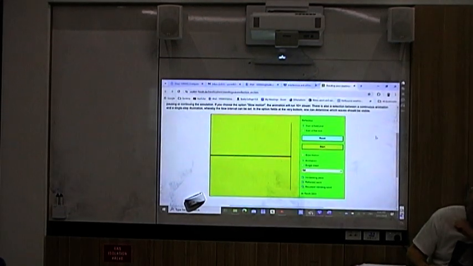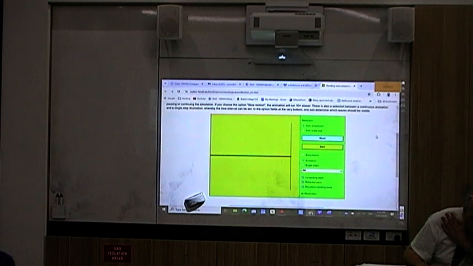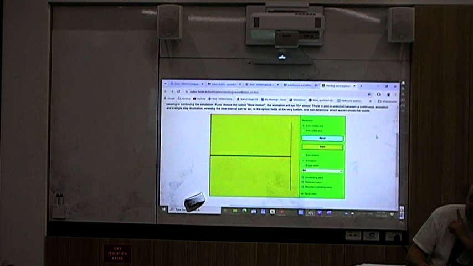So, I will create the wave. Now, we look at a fixed end. It will be a little bit different if the end is not fixed.